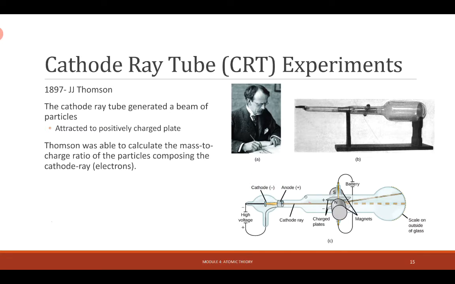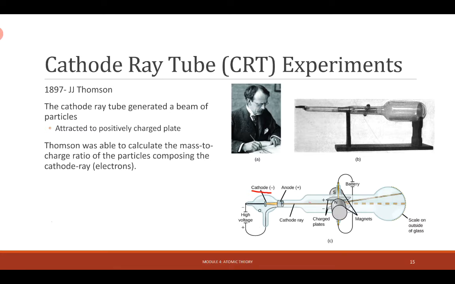This is much in the way a neon light bulb works. They knew this beam came from the cathode and shot towards the anode, and so they called them cathode rays because they were originating from the cathode.